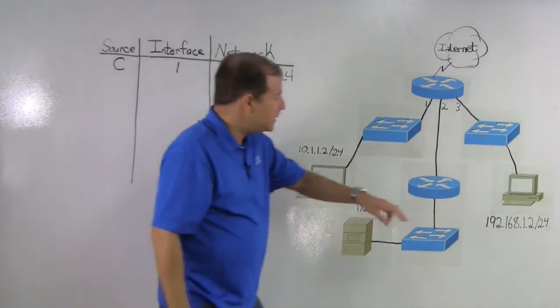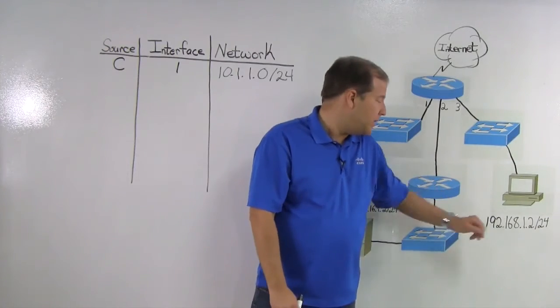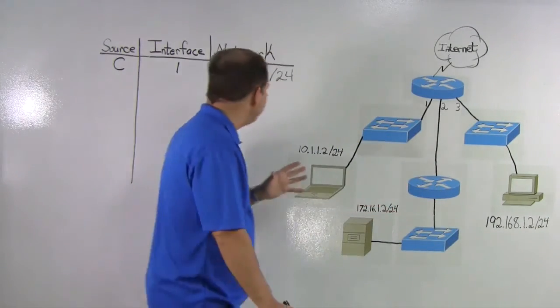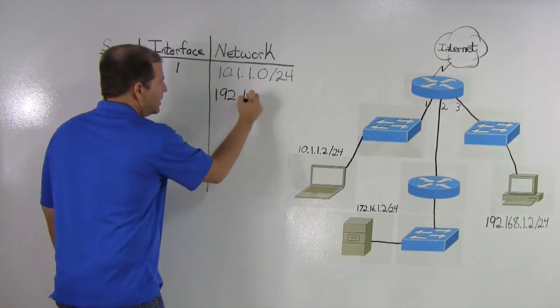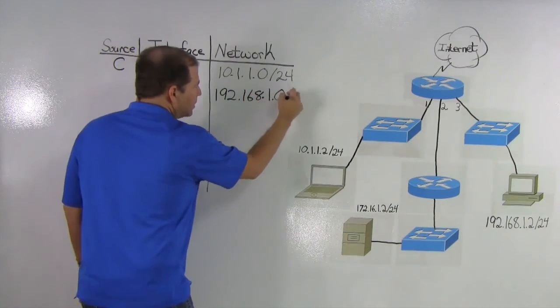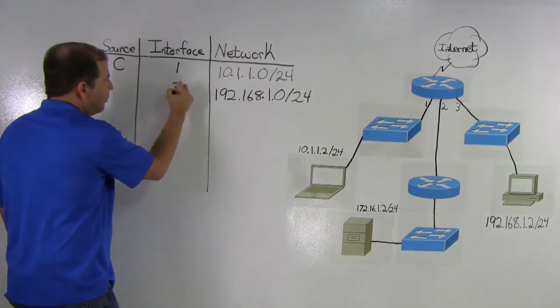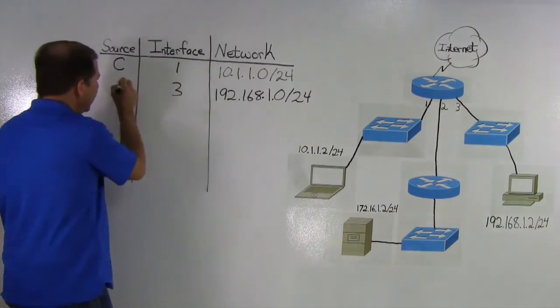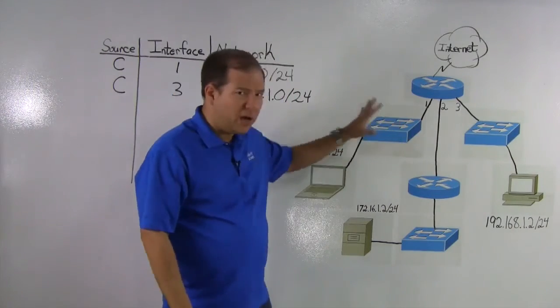What about this network? This network is going to be 192.168.1.0/24. Let's write that down. It's available off of interface 3, and it's directly connected. Now, when I say it's directly connected, you might say, hold on, it's not directly connected.